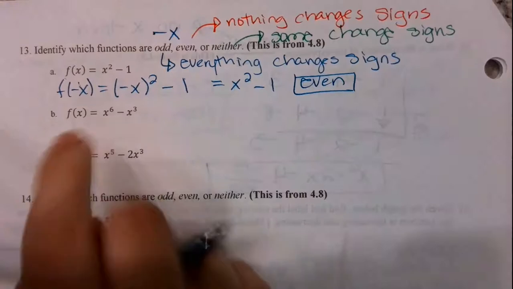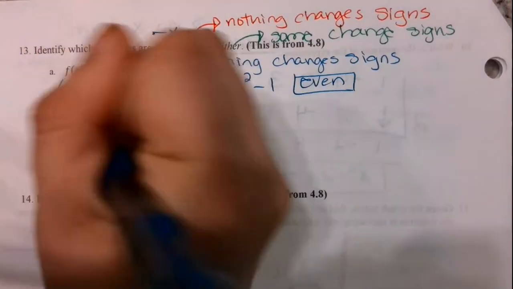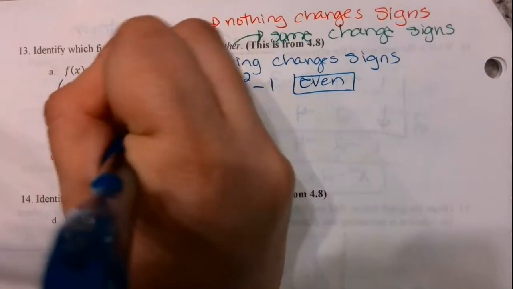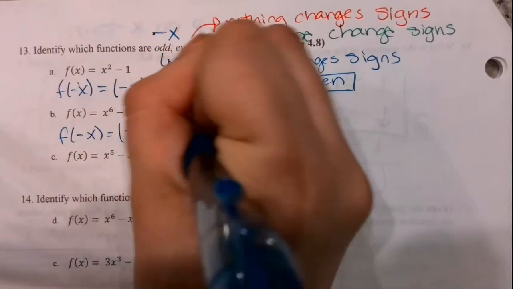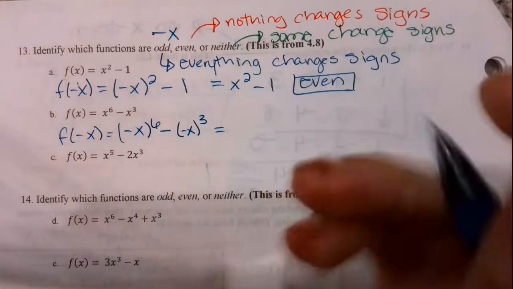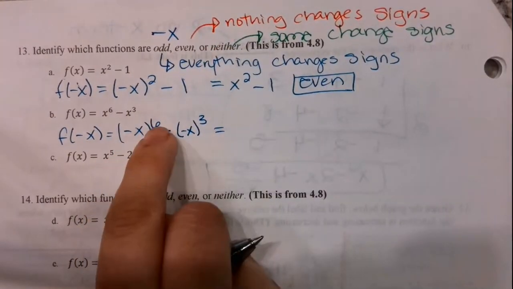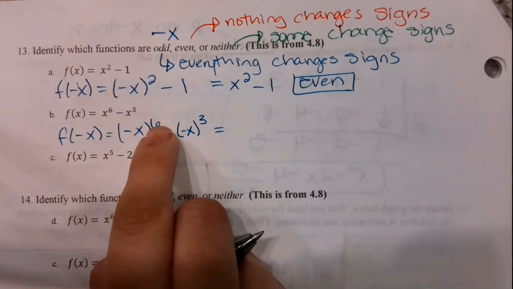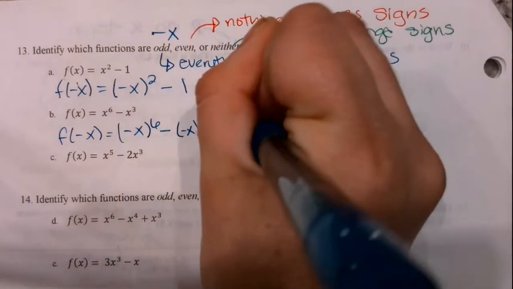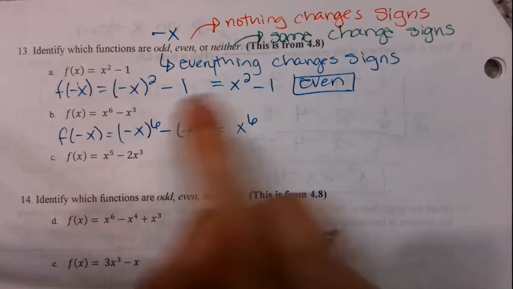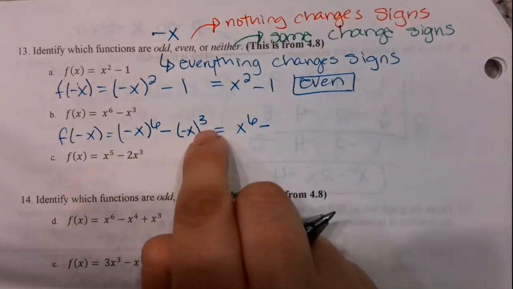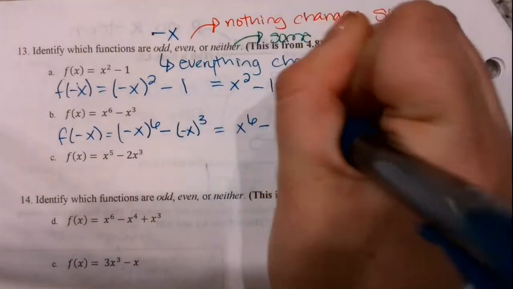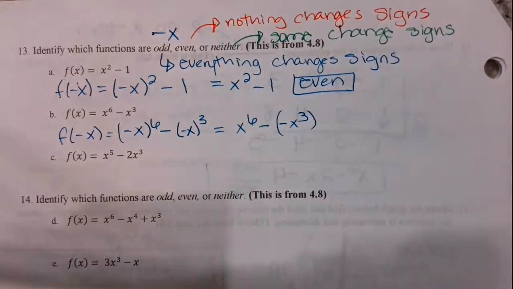Okay. This one I'm going to plug in -x. So any number to an even power stays positive. So this is going to turn into x to the 6. Over here, I'm going to still write my negative in the middle. A negative number to an odd power turns negative.